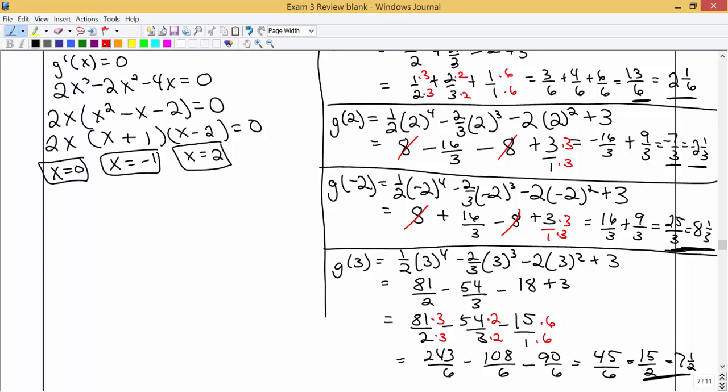All right, so let's compare all of these values and see which one is the absolute max and absolute min. It looks like we have only one negative value, so this right here would be our absolute minimum.